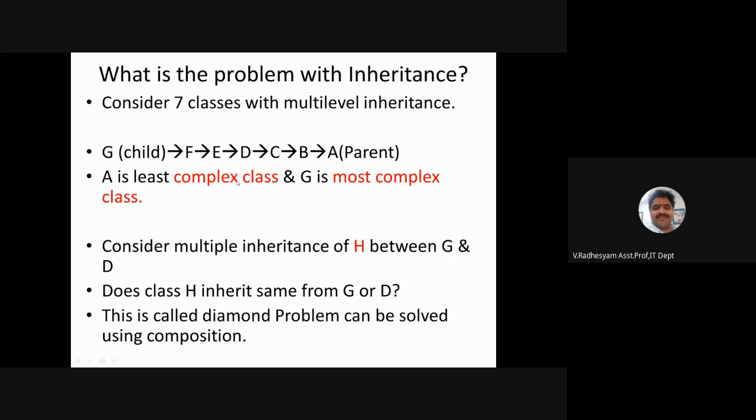Try to understand. I am considering a multi-level inheritance first, A, B, C, D, E, F, G. In this multi-level inheritance, I am considering a class H that has multiple inheritance with both G and D. Then the problem arises. This problem is popularly known as the diamond problem.